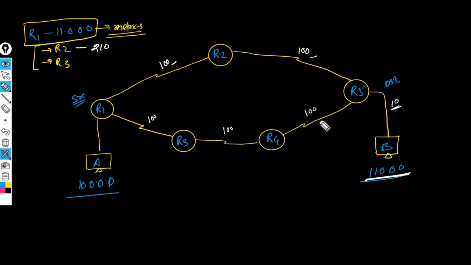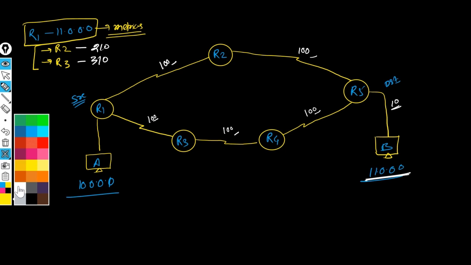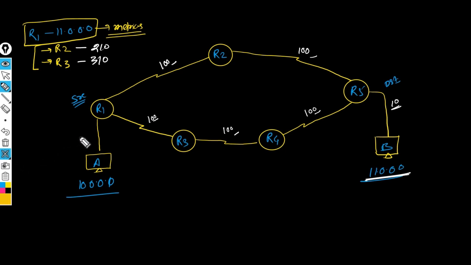Via this, 100, 110, 210, 310, correct? Now see, via router 2 and via router 3 you can reach, but the best path will be the least metric only. So which is the least metric in this? As 210 is less than 310, this is going to be your best path to reach the destination.